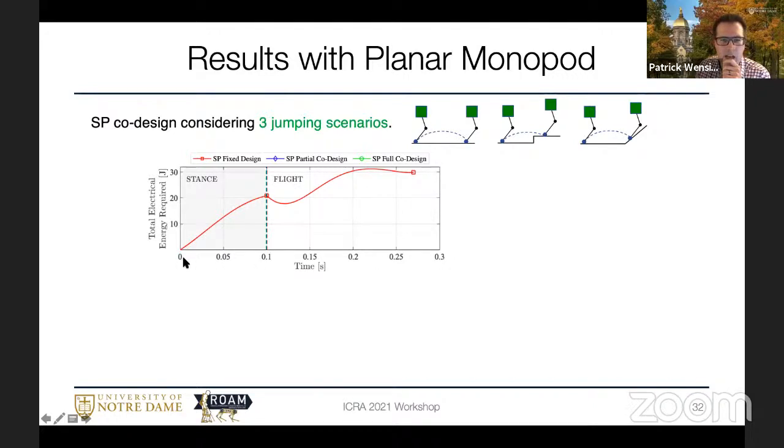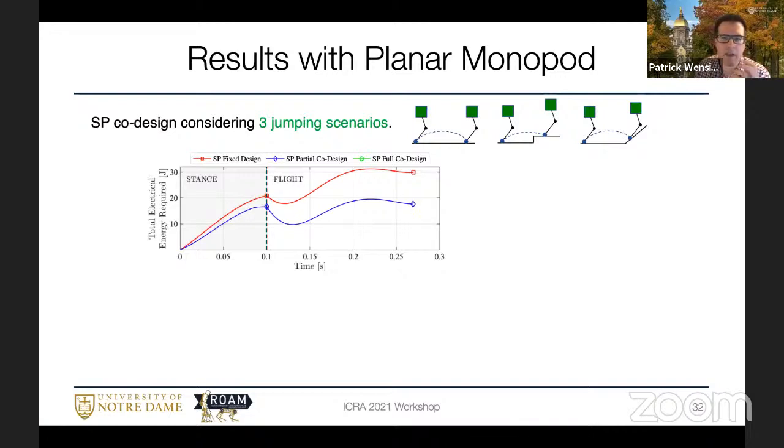Here on the X is time, on the Y is the energy required. By contrast, if we optimize the gear ratios of the robot considering all of these scenarios, and then we just test it out on this stair, we find that requiring it to be more versatile enables it to have a lower energy requirement in this case.